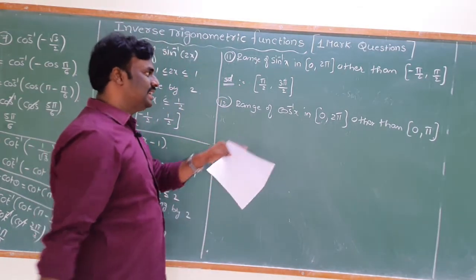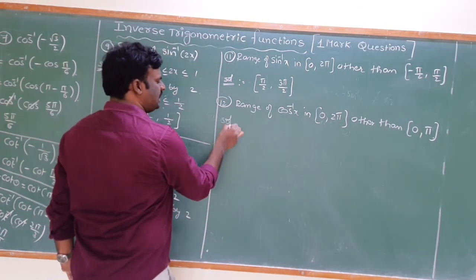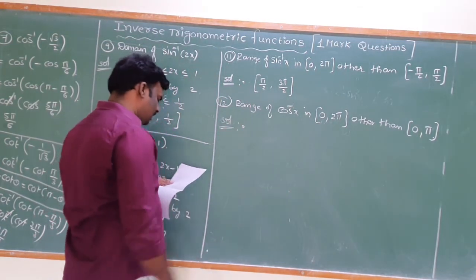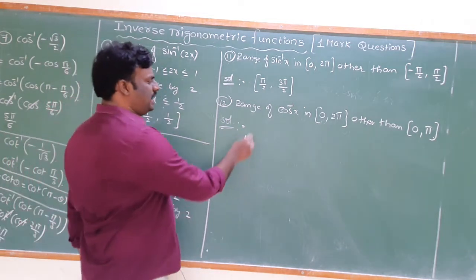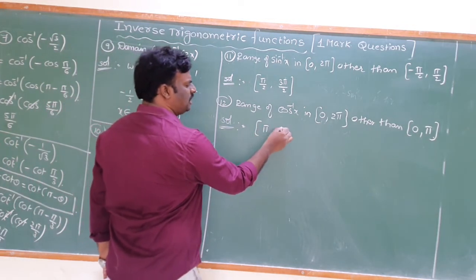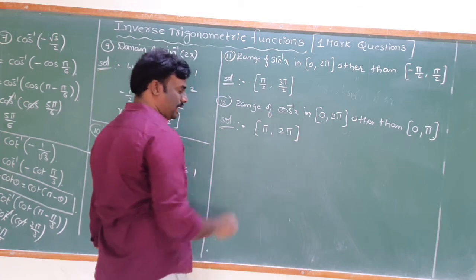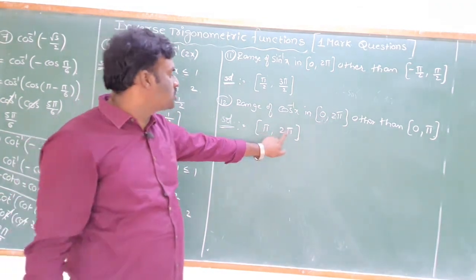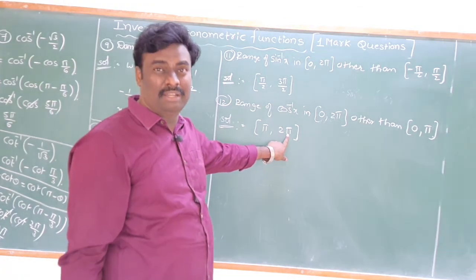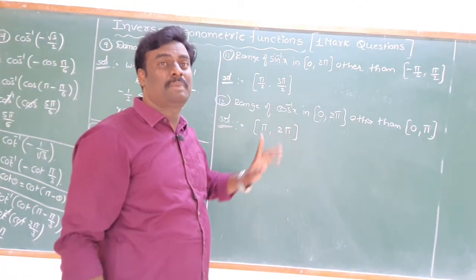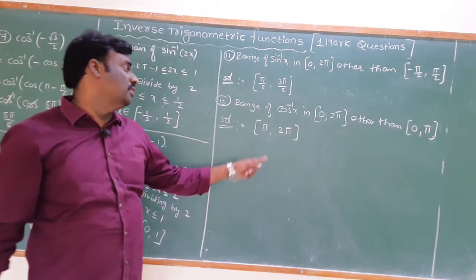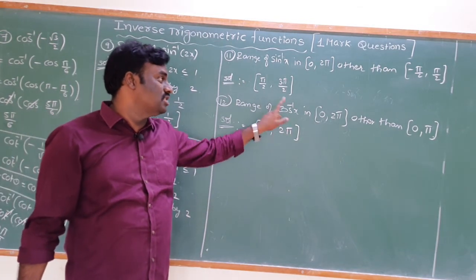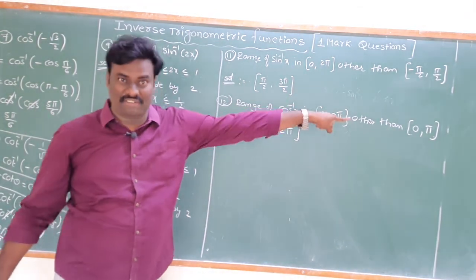Other than 0 to pi, what is the range of cos inverse x? I am taking pi to 2 pi, because cos pi is minus 1 and cos 2 pi is plus 1, so minus 1 and plus 1 both match. Therefore, pi comma 2 pi is the range of cos inverse x other than that interval.